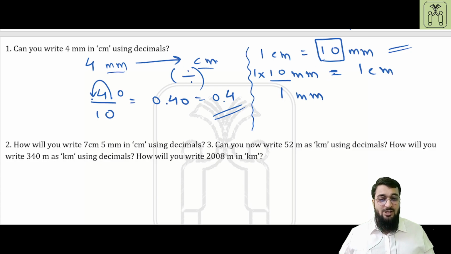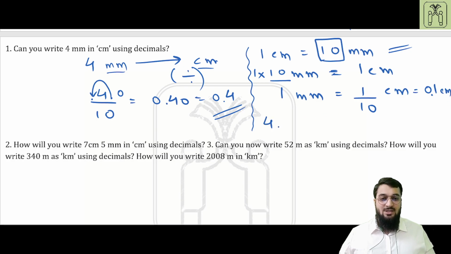And 1 will be divided by 10, because anything that is shifted to the right or left of the equality sign or the inequality sign, in case it is in multiplication, it will be divided. If it was originally in division, it will be multiplied. If it was originally in addition, it will be subtracted, and if it was originally in subtraction, it will be added. So therefore 1 upon 10 centimeter gives you 0.1 centimeter.